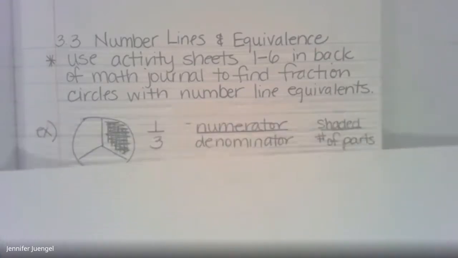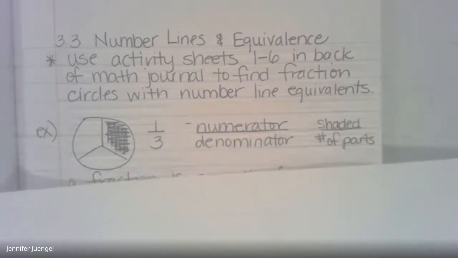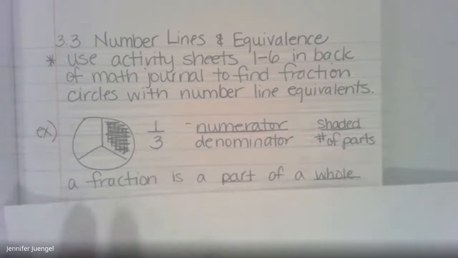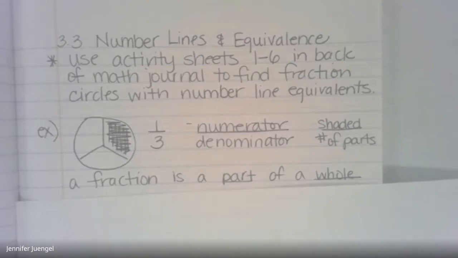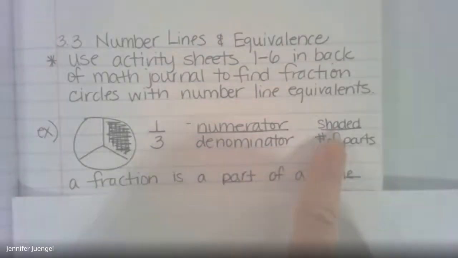So yesterday we were talking about fractions, which we know a fraction means a part of a whole. And we also know that fractions are set up in a specific way with a number on top that we call the numerator, and that is represented by the number of shaded parts.